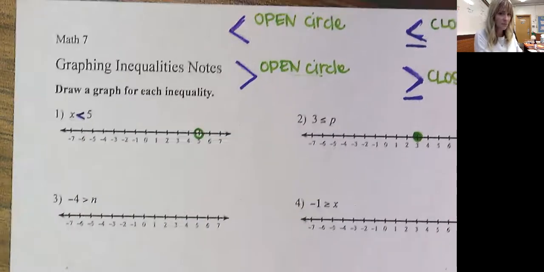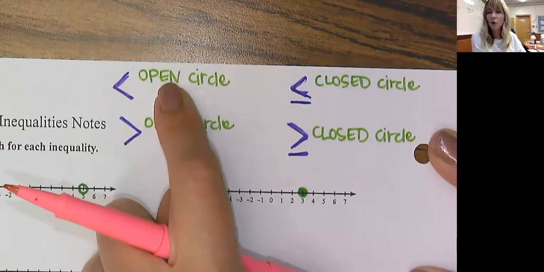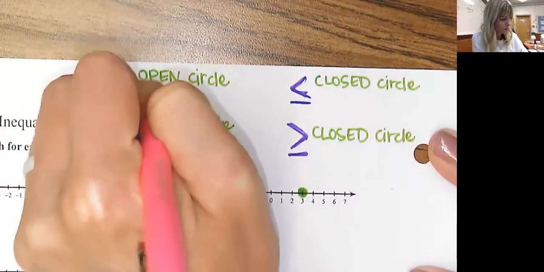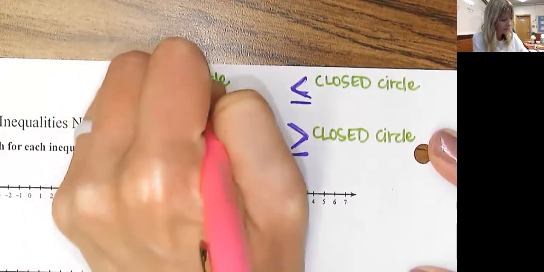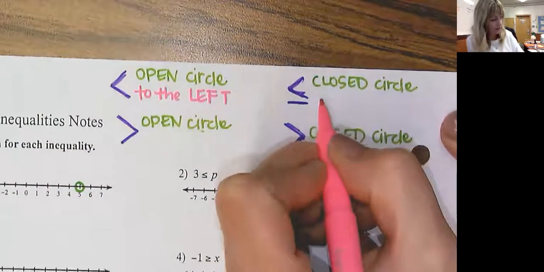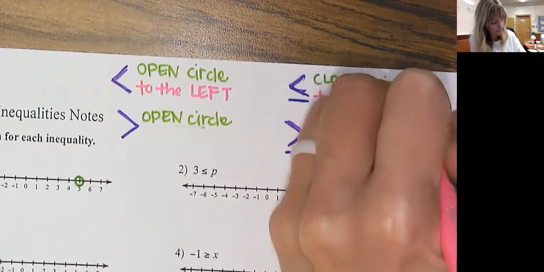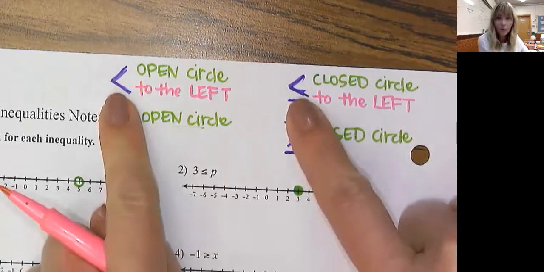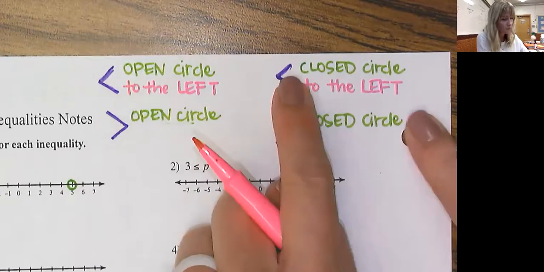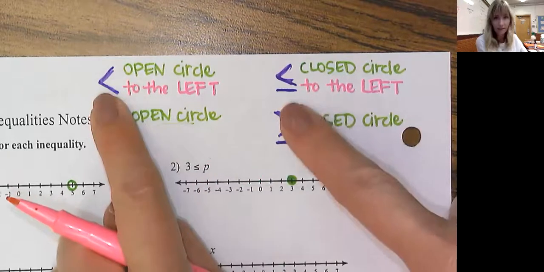So what that tells me is if I see less than, I'm going to do an open circle, but I also know that I need to go to the left. Less than is to the left. Now that also means that this one right here goes to the left, because those are both less thans. So this one would be an open circle to the left, where this one would be a closed circle, but still to the left, because less than, less than.